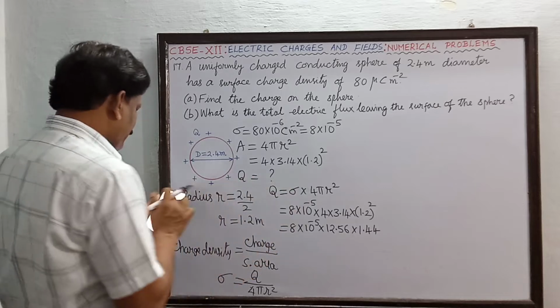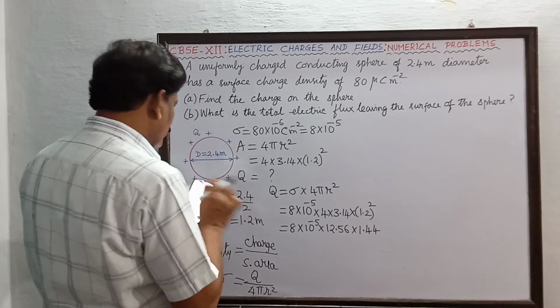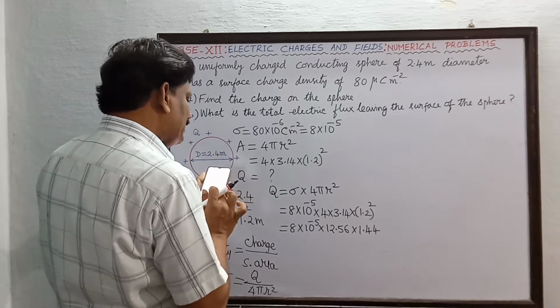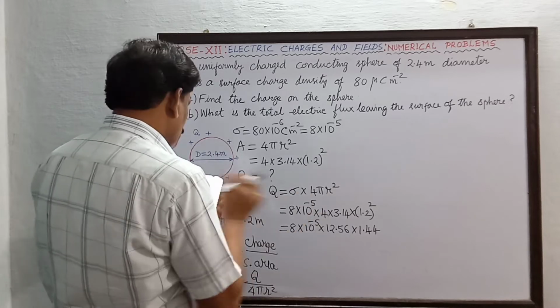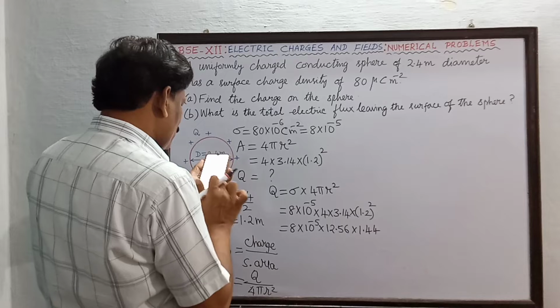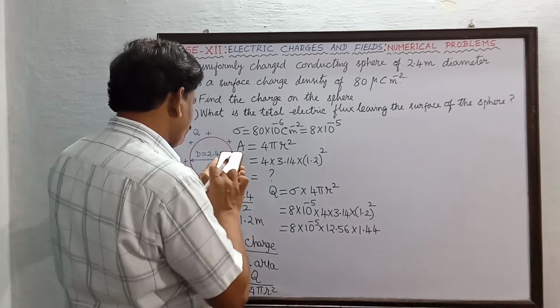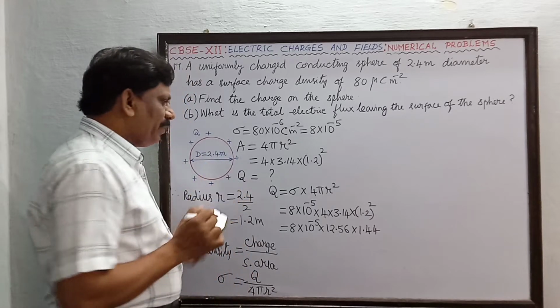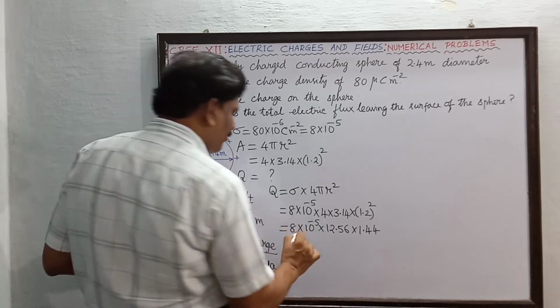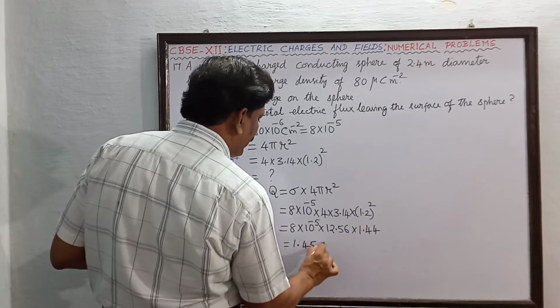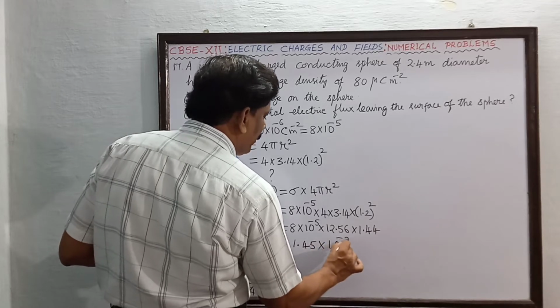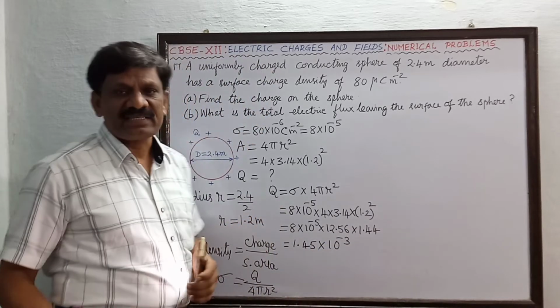Now I am going to multiply all of these. So 8 multiplied by 12.56 into 1.44, the value is coming as 1.45. So this product is coming as 1.45 into 10 to the power of minus 3.